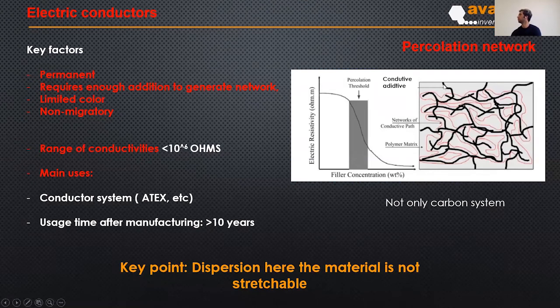The conduction will be in this way, through the conductor system. The electron goes from here to here, by the easy way to pass, which is this one. Because the resistivity of the carbon black in this case will be 10 to -4, for example, and the plastic's resistivity will be 10 to 12 or more. This is important: generate a good network.